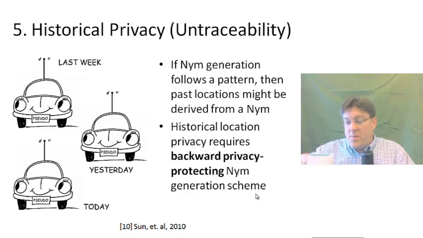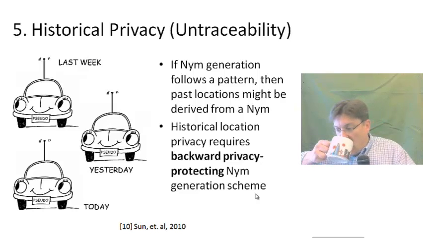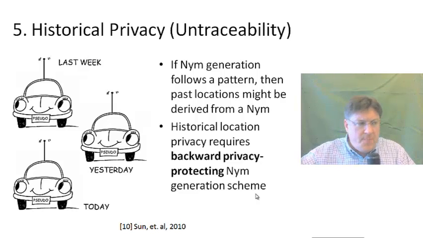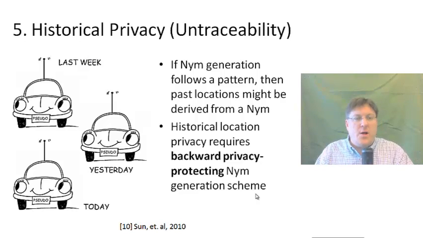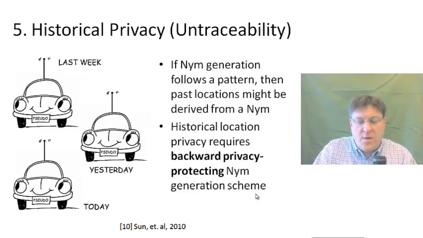Now let's talk about historical privacy. Regular location privacy we might call untrackability. You can't follow where that person or that car is. Untraceability means you can't go back indefinitely, as far as you want, to find where a person was forever. Historical location privacy: some of the techniques for generating these pseudonyms follow a pattern.